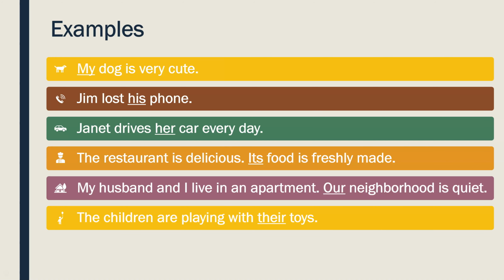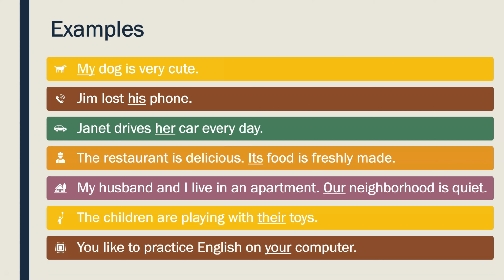The children are playing with their toys. Here the possessive adjective is their, and it's talking about the children. The word children, how many people is that? Yeah, so children is two or more people. If you just have one, one daughter or one son, you would say child, right?